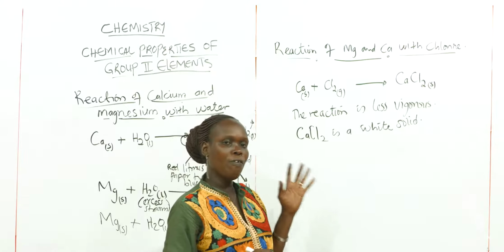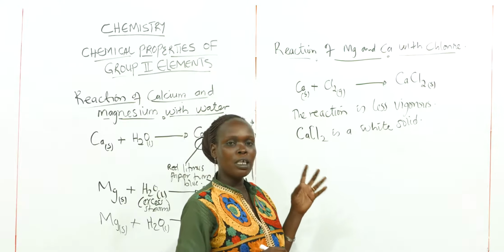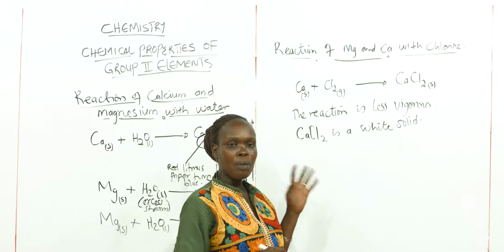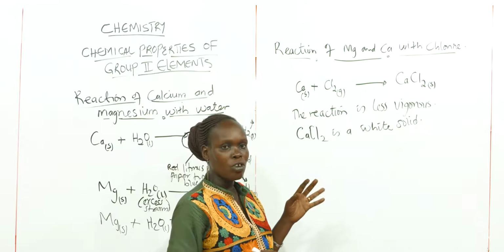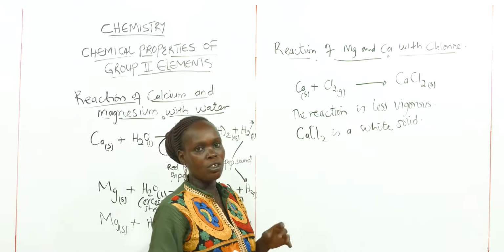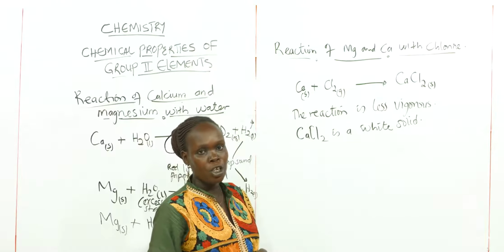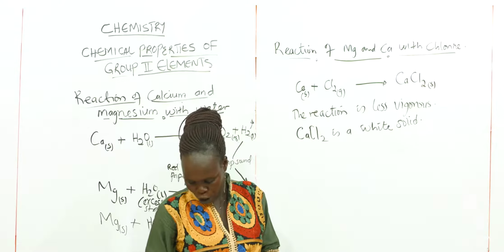As chlorine reacts with magnesium, it will give us magnesium chloride, and this also shows a white solid of magnesium chloride.